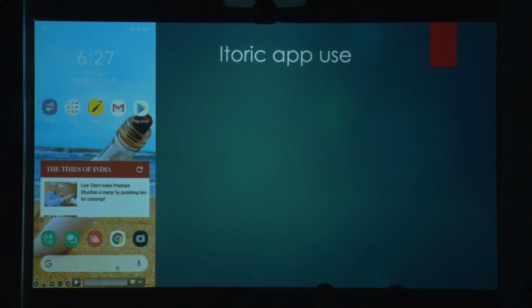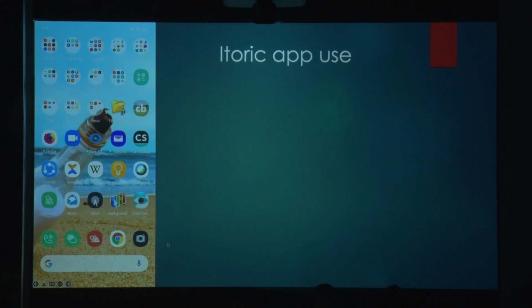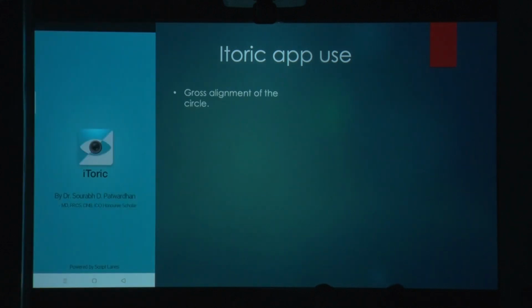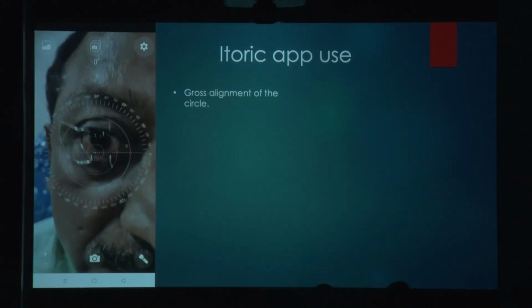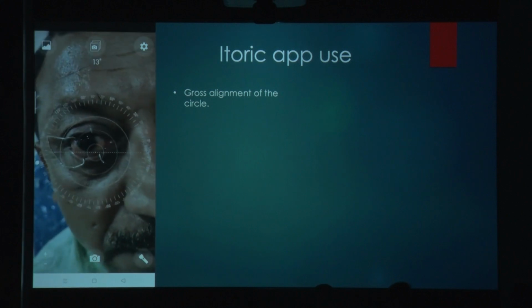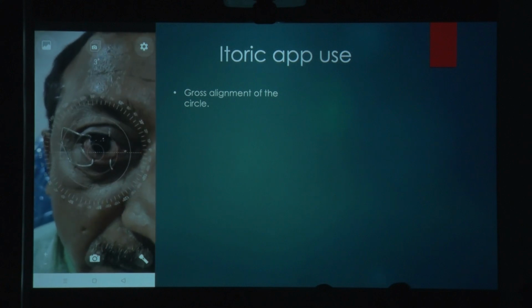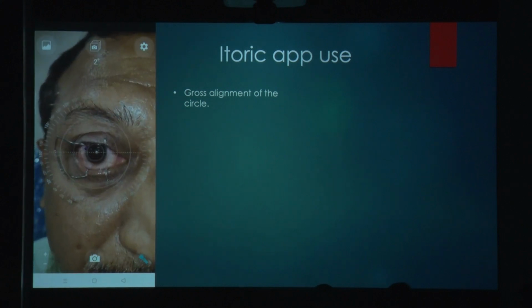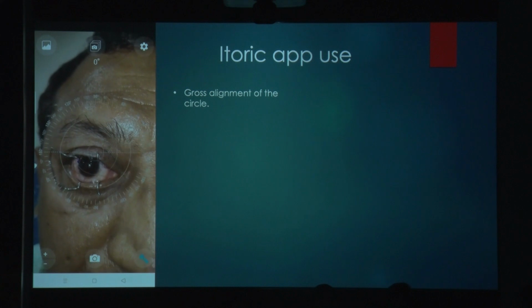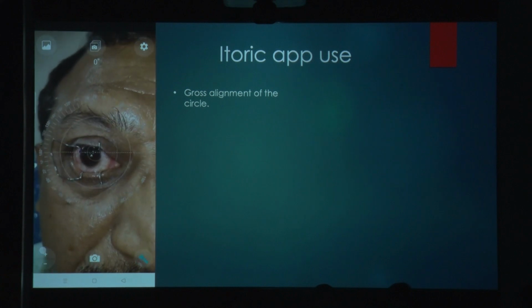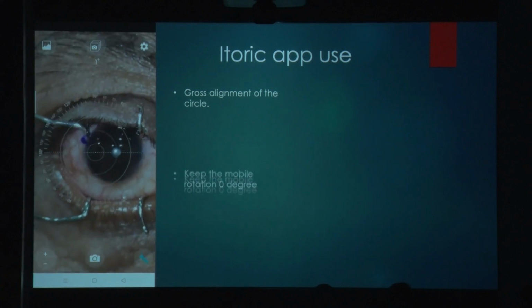For the iToric app, we just need to download it from the Play Store and open the app. This is a gyroscope-assisted app, so when we turn the camera right or left, the axis stays at 180 degrees. It's not turning. We just switch on the light on the camera itself. Now gross alignment of the circle is done.